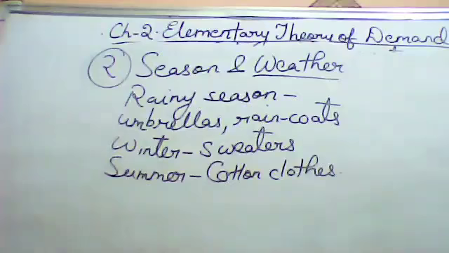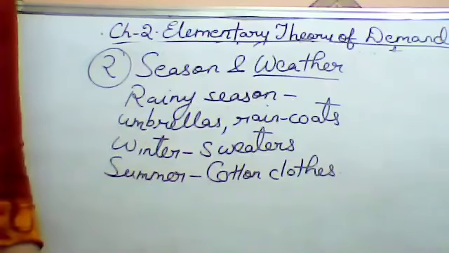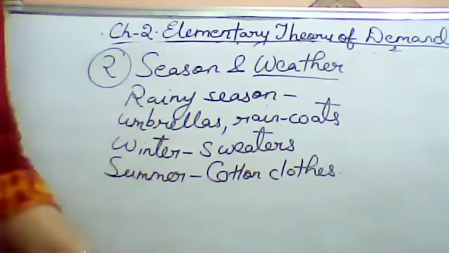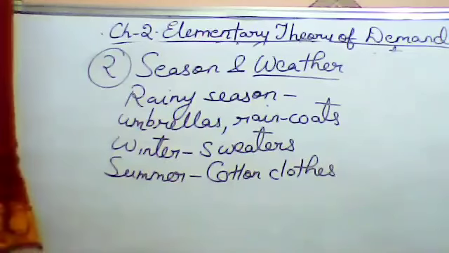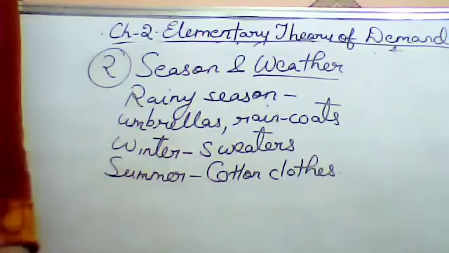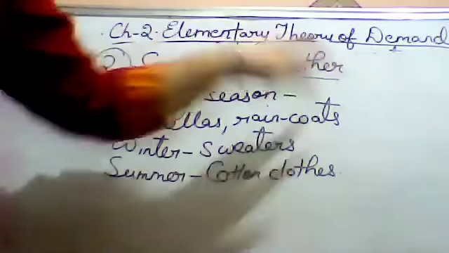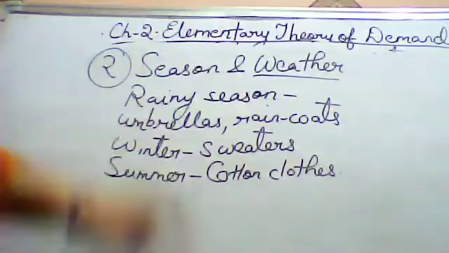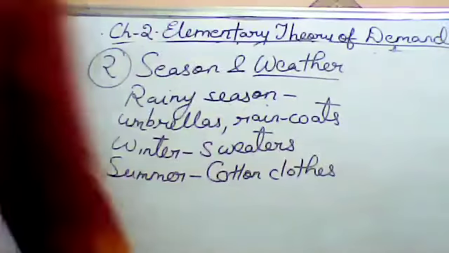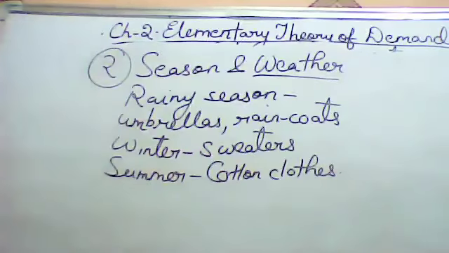So suppose suddenly it starts raining during summer, then your demand for cold drinks and ice creams will automatically reduce. So according to the season and weather also, the market demands get affected. So kindly write all these examples in your answers.